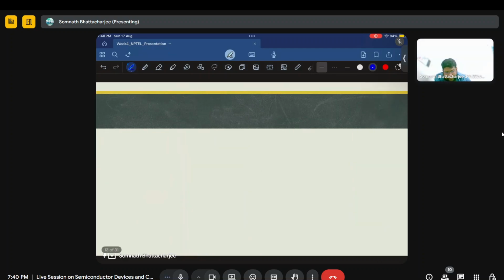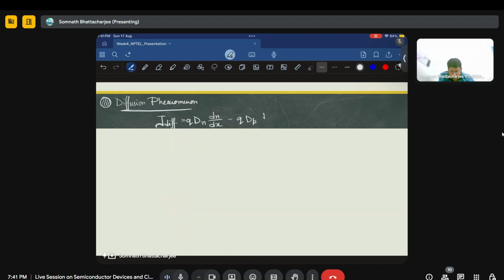Based on the diffusion phenomena, we have got the value of J diff equals Q Dn dn/dx minus Q Dp dp/dx, as the holes oppose the flow of the electrons, and based on that this comes out to be this.